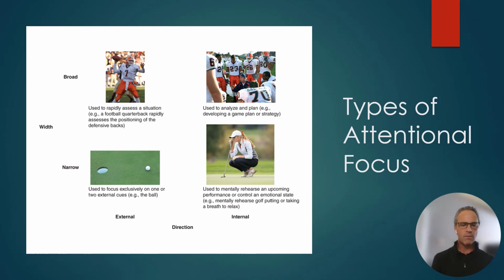Whereas, if we are mentally rehearsing an upcoming performance, such as a free throw, a penalty kick, or even a golf putt, that becomes our internal narrow focus of attention. And then lastly, when we are about to execute our actual performance, this is our external narrow attentional focus, right?